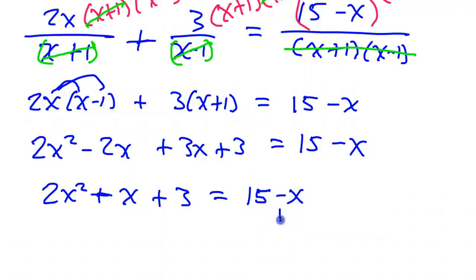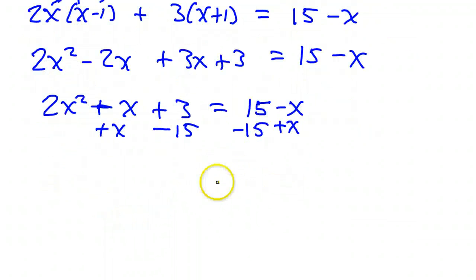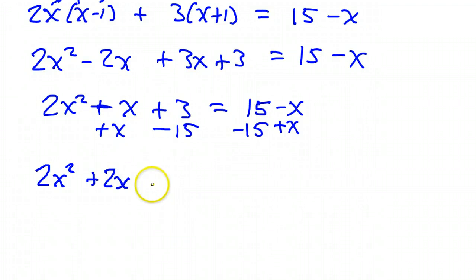So let's add x to both sides, and let's subtract 15 from both sides. So that's going to give me 2x squared plus 2x minus 12 is equal to 0.